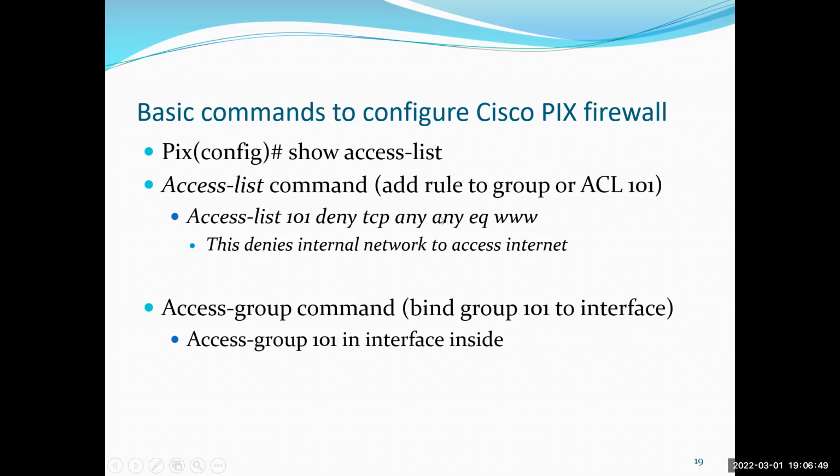The any just means the IP and the subnet mask. So this denies the internal network access to the internet, for instance. Then the access group is a command that can bind group 101 to a specific interface. You can see, for instance, access group 101 binding it to the inside interface. This is the logic, the pseudocode if you want to think of it that way, of how you can define access lists and then connect them to specific interfaces.